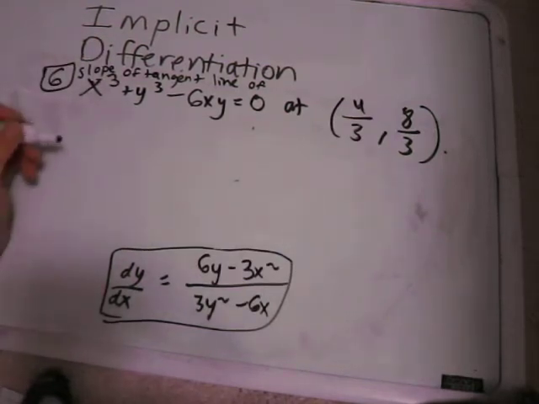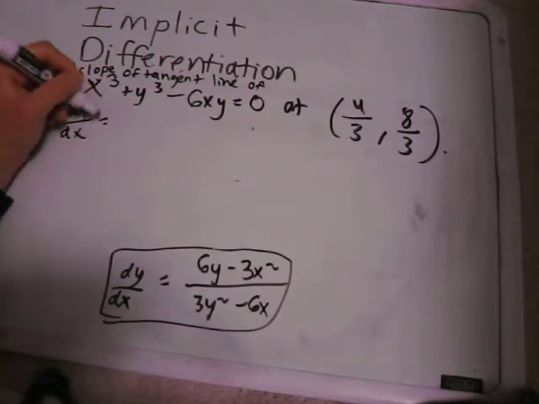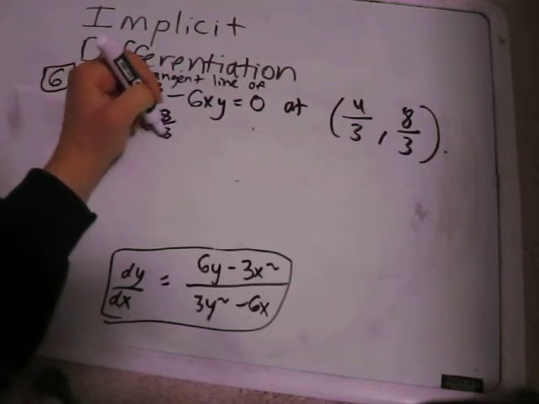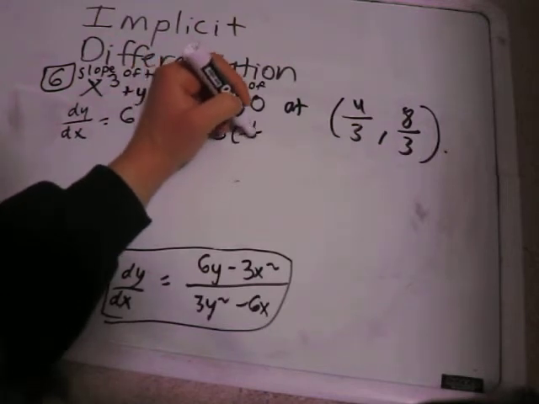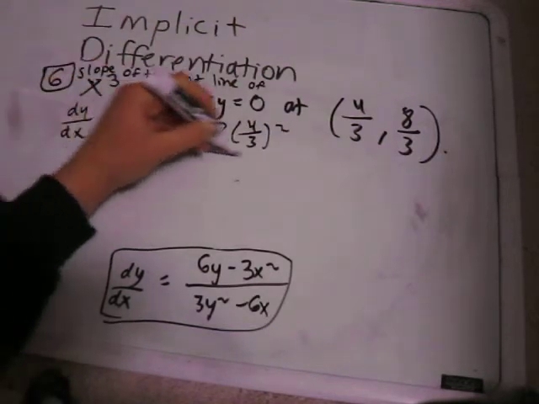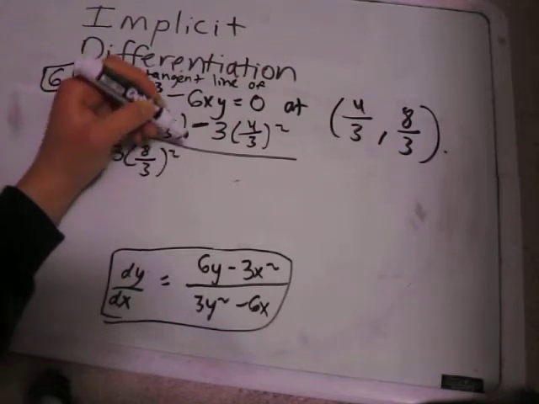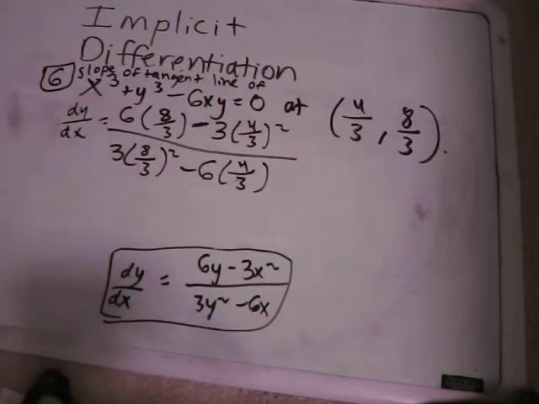So dy/dx equals 6 times 8/3 minus 3 times (4/3) squared, over 3 times (8/3) squared minus 6 times 4/3.